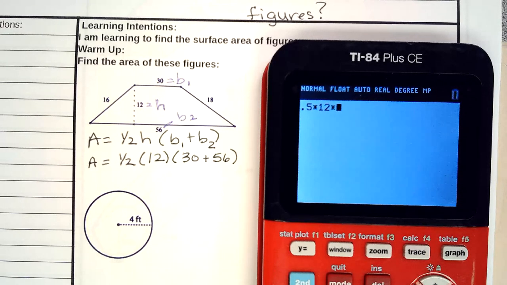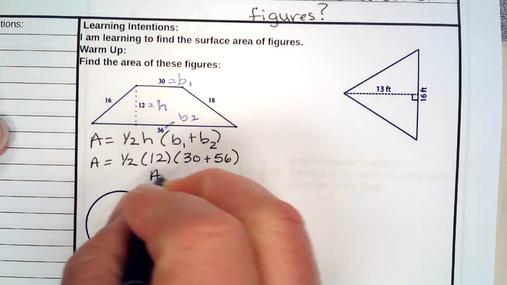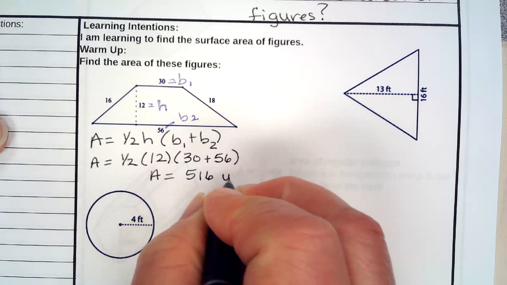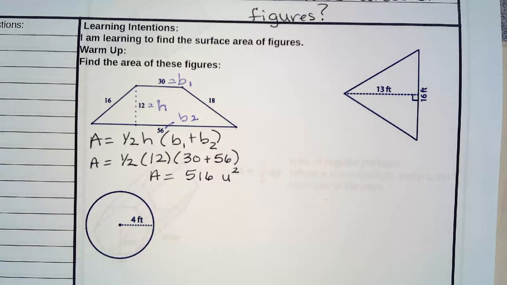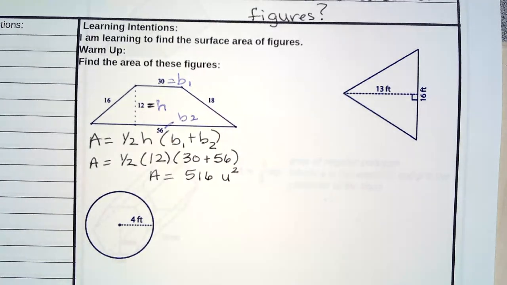Times 12 times parentheses 30 plus 56. Close it off, and you get 516. So my area is equal to 516 units squared. We don't know what units it's in, so we just have to do u squared. Hopefully you were able to get that on your own by the use of the formula.